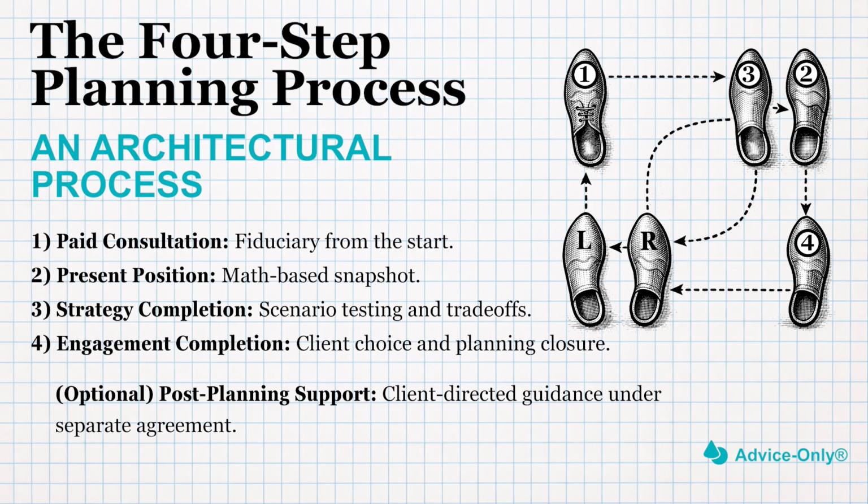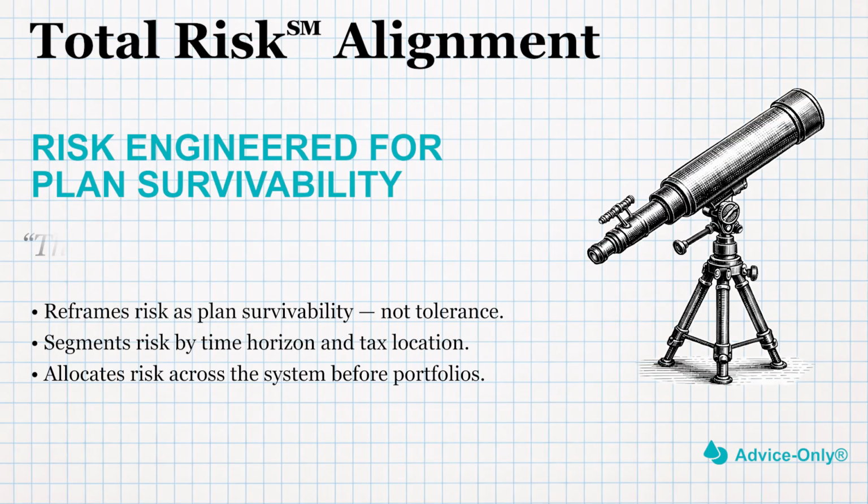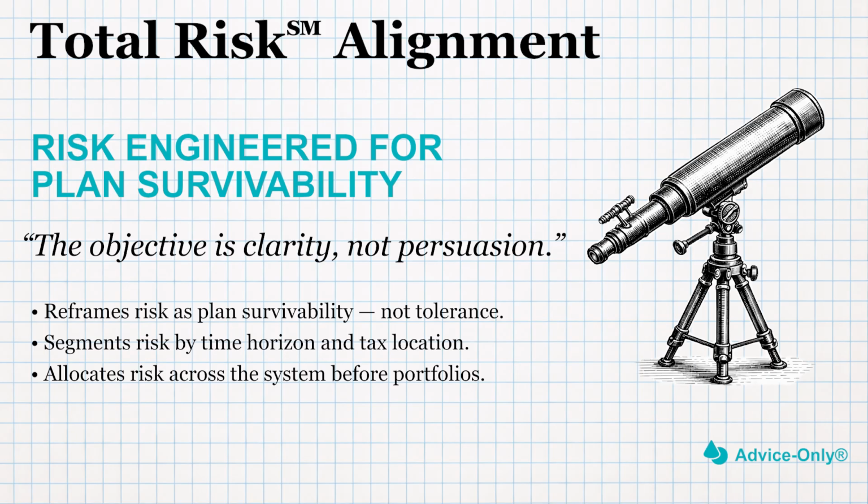Step 3 is where insurance, estate planning, taxes, and investments are integrated into a single financial plan, rather than treated as disconnected decisions. A central tool at this stage is total risk alignment. Traditional risk questionnaires ask how a client feels when markets move.